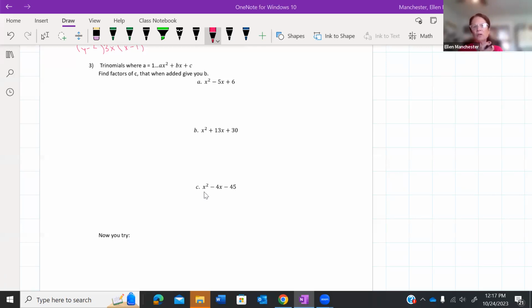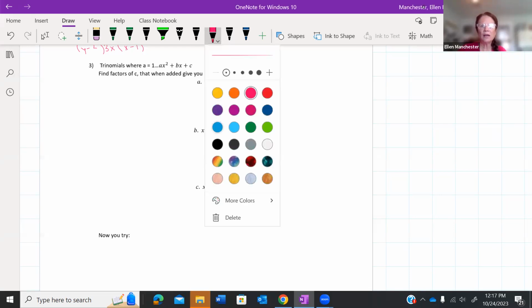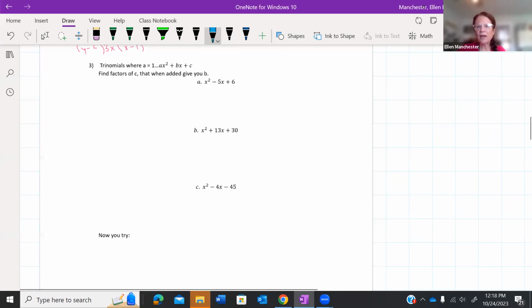And make sure that when you're doing these, that it's in that order. In other words, let's say you had 3x plus x squared minus 2. Okay, if you ever see something that's out of order, this is not in descending order.